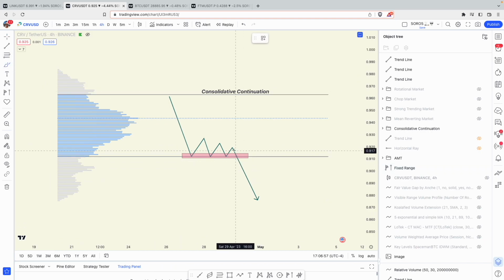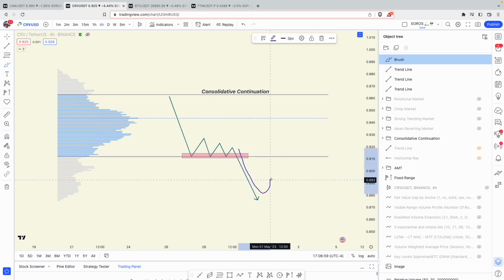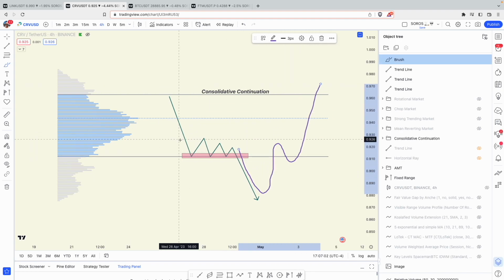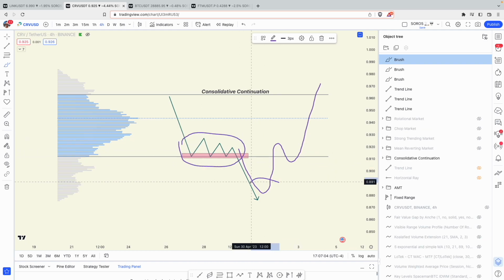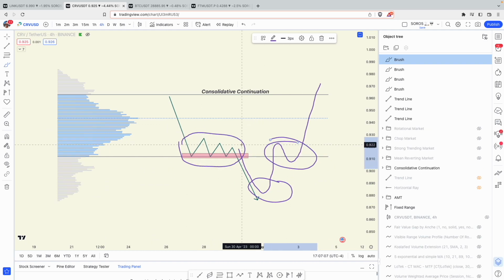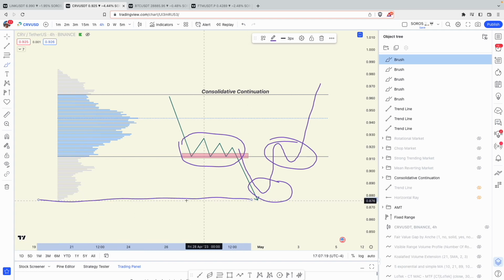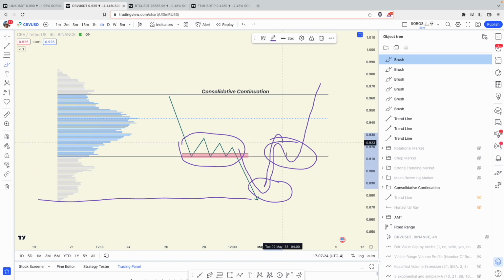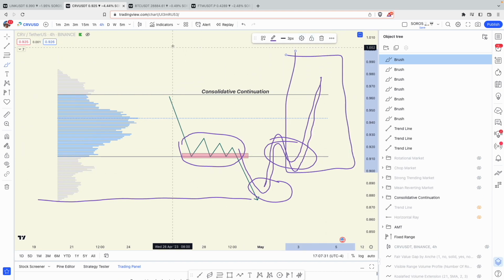But then the idea is there's a manipulative move, and then they go back into the range, and this would be essentially like your PO3, where you are within the value area, you're consolidating before the manipulation move down outside of the value area range, and then that's usually taking out a high time frame liquidity point or a high time frame PD array, and then going back into the range, accepting, and then creating your expansion, which is going to be the third part in a power of 3.